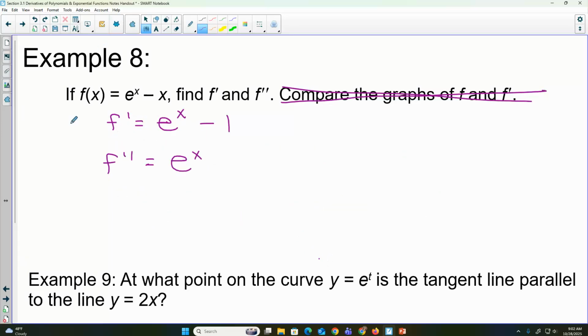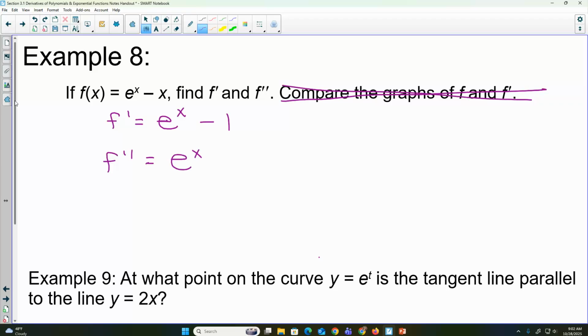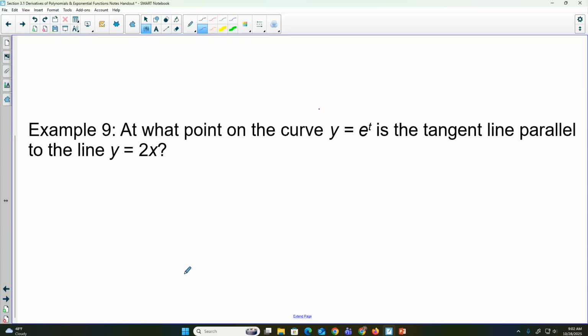Okay, let's look at this one. At what point on the curve y equals e to the t is the tangent line parallel to the line y equals 2x? What does parallel mean? Doesn't touch. So in terms of slopes, they have to have the same slope.